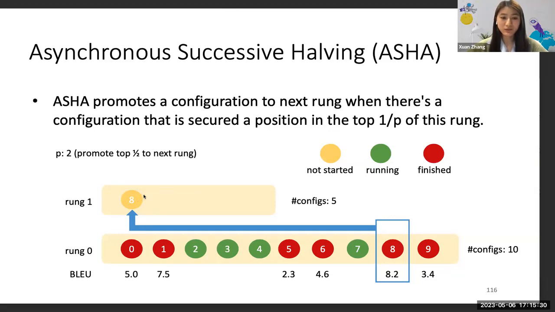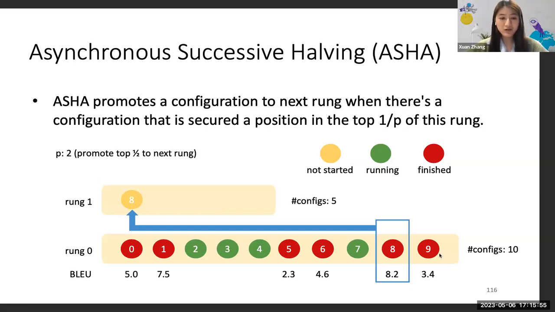In this case, configuration 8 has the highest BLEU score so far, so we promote it to the next rung. On the other hand, if we were to apply sequential successive halving in this scenario, we would need to wait for all 10 configurations to finish running at rung 0 before promoting any configuration to rung 1. If there's a straggler, it would result in wasted computing time.